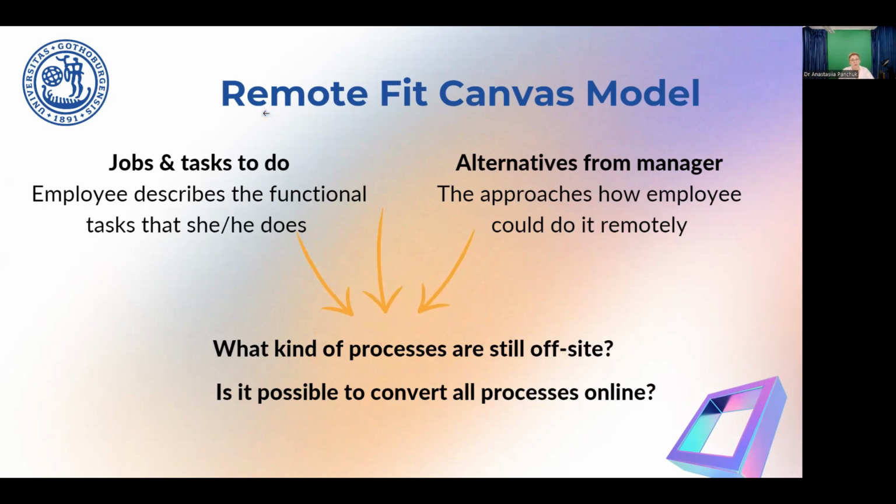And then propose to your managers, or do it yourself, to describe the approach of how the employee can do it remotely. And that is how you will identify what kind of processes are still done offsite, and whether it is possible to switch them totally online?